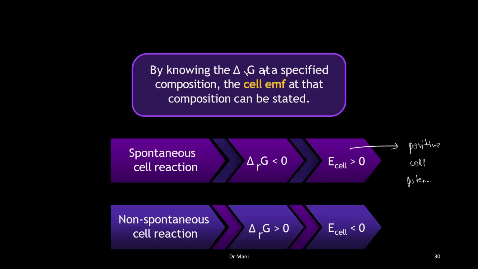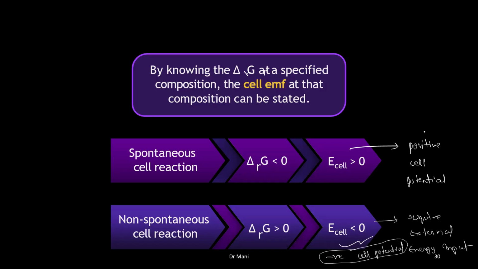Here, E cell is less than 0, that means the cell is not so motivated. So what you need to do is give an external push, so it requires external energy input. You can say this is negative cell potential. Here, spontaneous means without external energy.